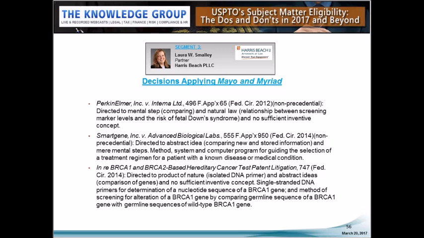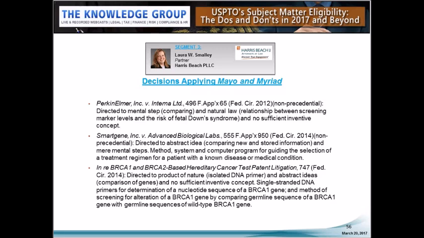In the hereditary cancer test patent litigation case, also known as the Ambry case, the claims were directed to single-stranded DNA primers for a determination of a nucleotide sequence of a BRCA1 gene and a method for screening for mutations.